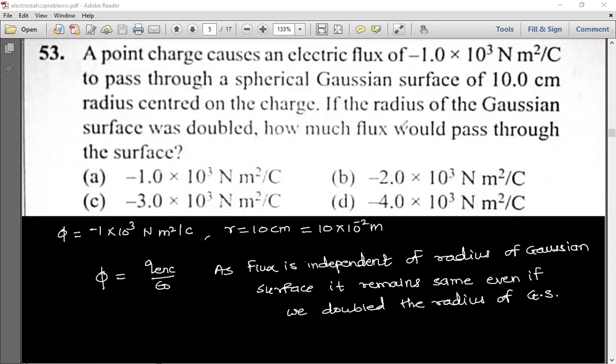GS means Gaussian surface. So what should be the answer? The same answer, that is option A. The same flux will be there. Understand? Clear? Any doubt? Please ask.